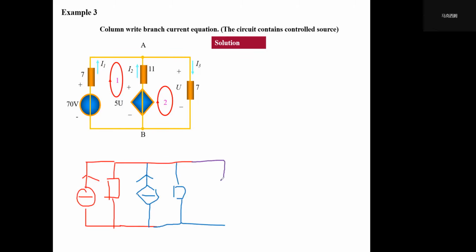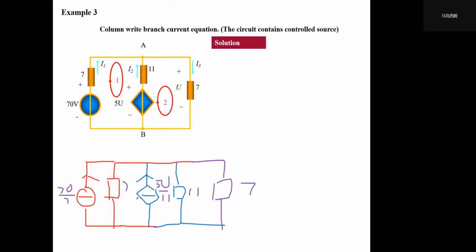And this is the third branch. And we can transform this into this. And we can calculate what current source has a current of 70/7, and this one is 7, and this one is 11, and this one is 7, and its current is 5U over 11.